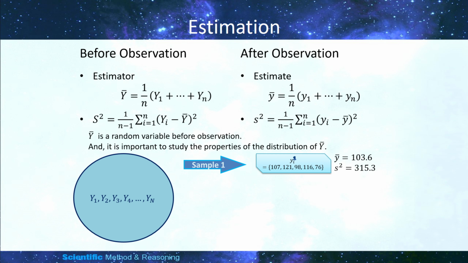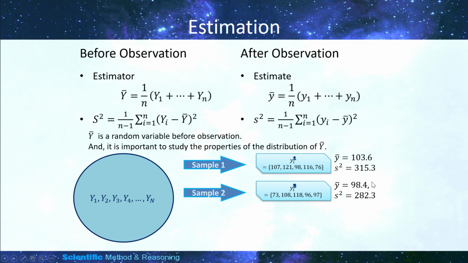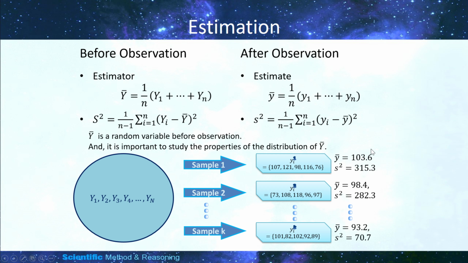Now, if we repeat the sampling procedure under the same condition and draw a second sample of size 5, we have another 5 observations, with a sample mean of 98.4 and a sample variance of 282.3. Similarly, if we repeat again and again, we can have k different values of the sample mean and k different values of the sample variance.